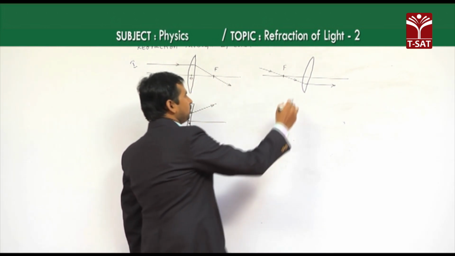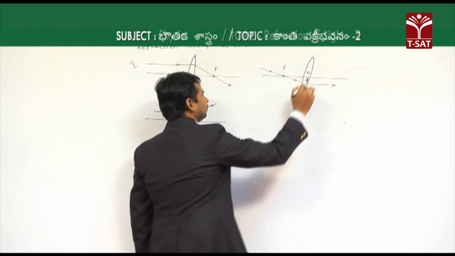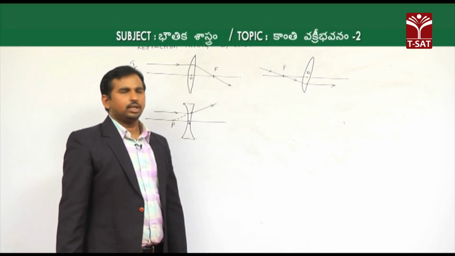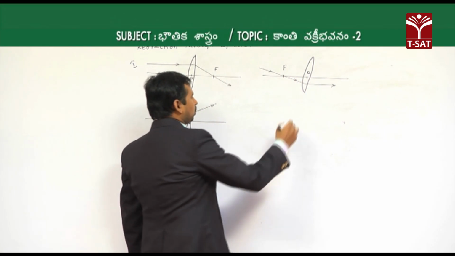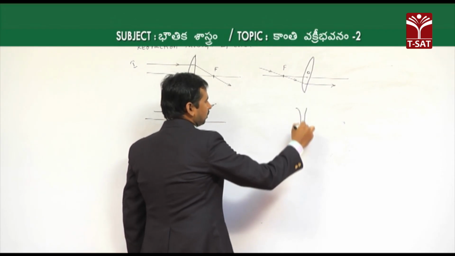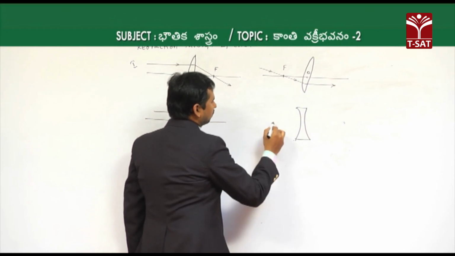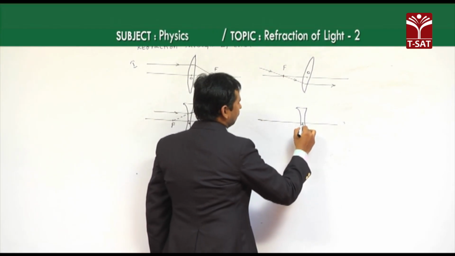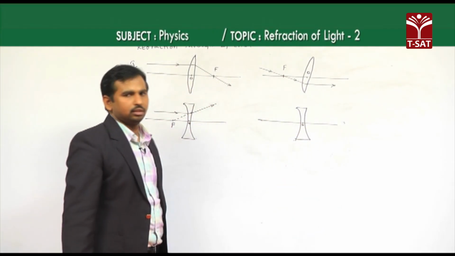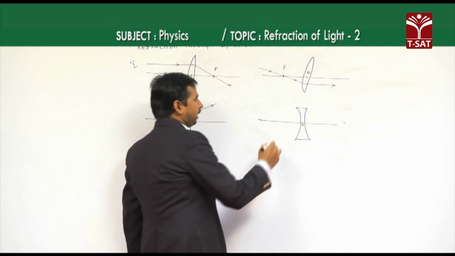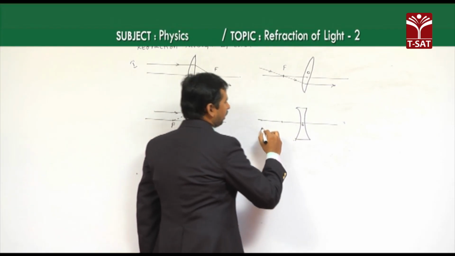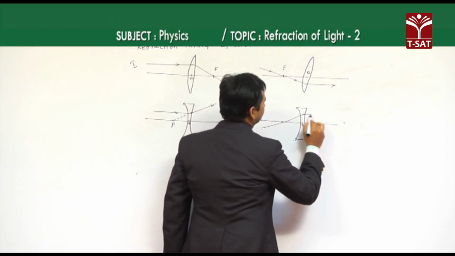Okay, and this is the optic center again. But if you are taking a double concave lens like this, then after refraction the light ray again passes parallel to the principal axis.